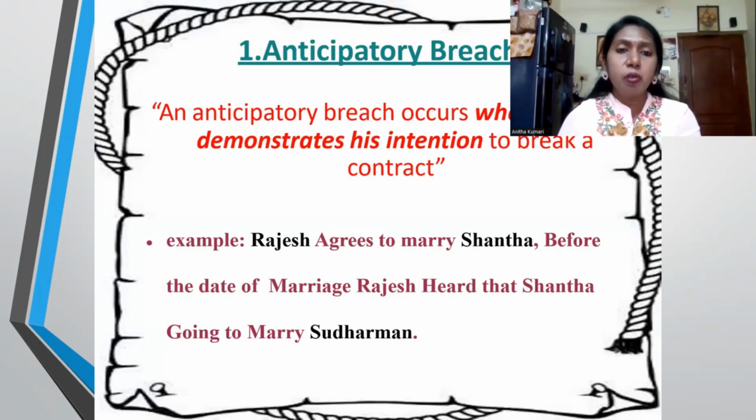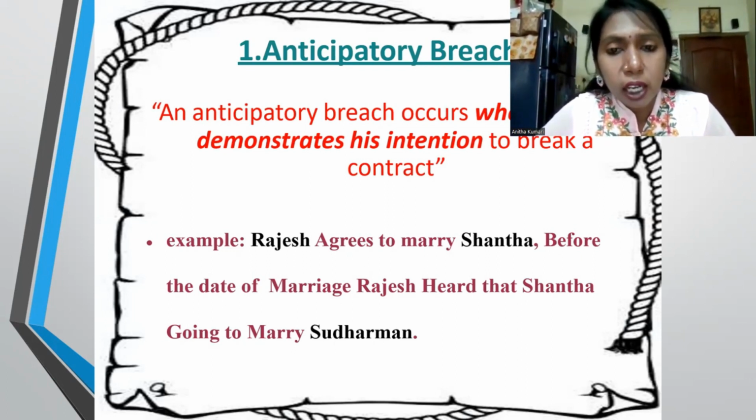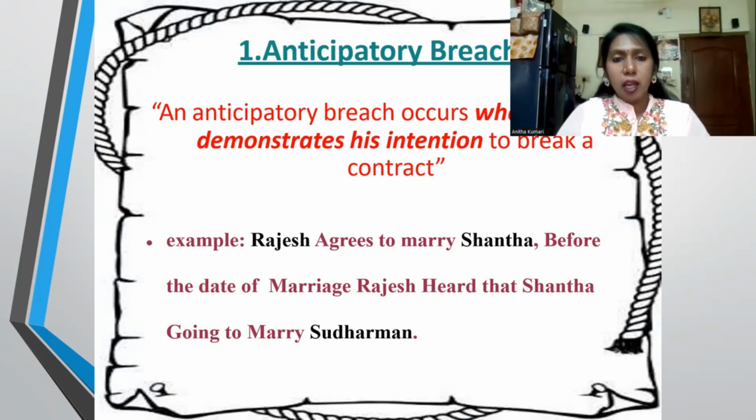So anticipatory breach occurs when a party demonstrates his intention to break a contract. For example, Rajesh agreed to marry Shanta. Before the date of marriage, Rajesh heard that Shanta was going to marry Sudarman. So what do you mean by this?